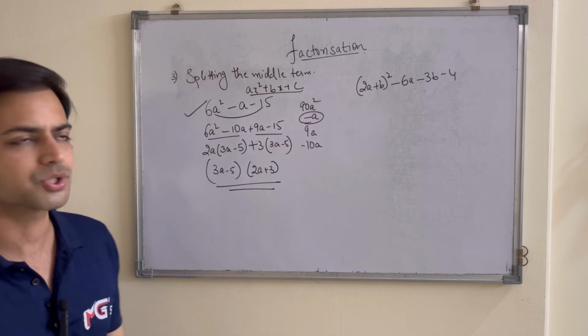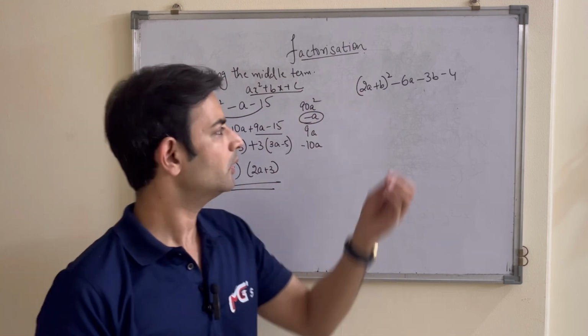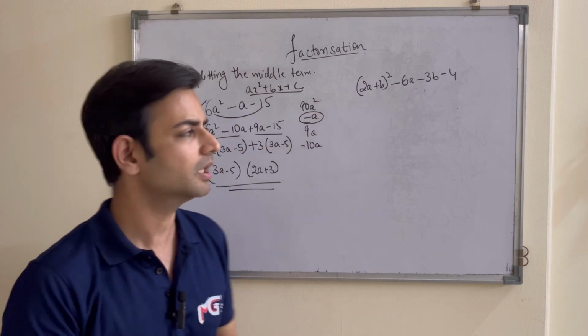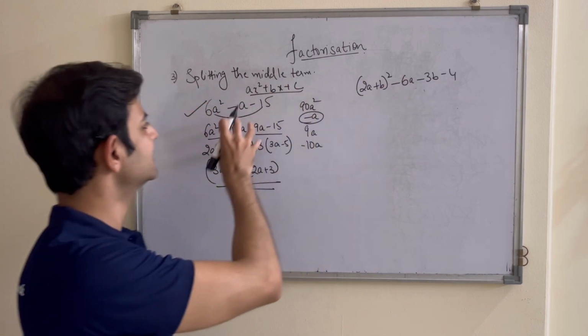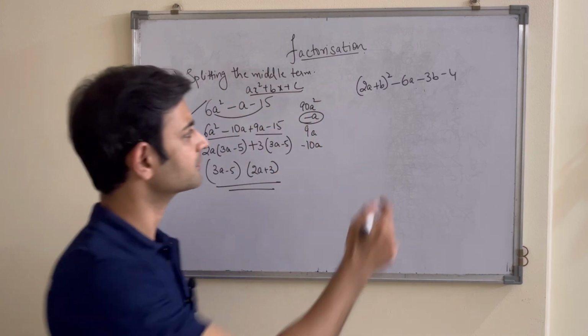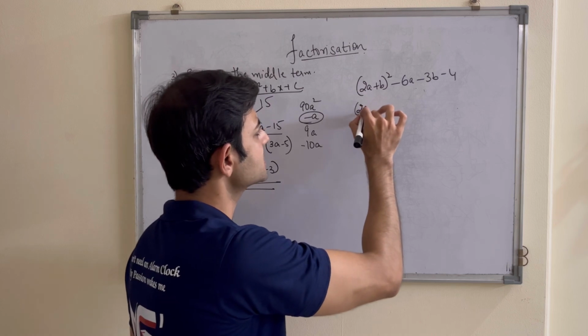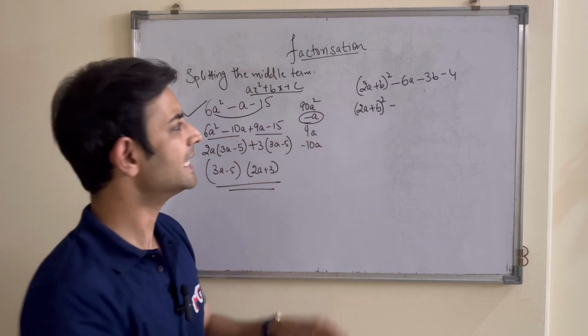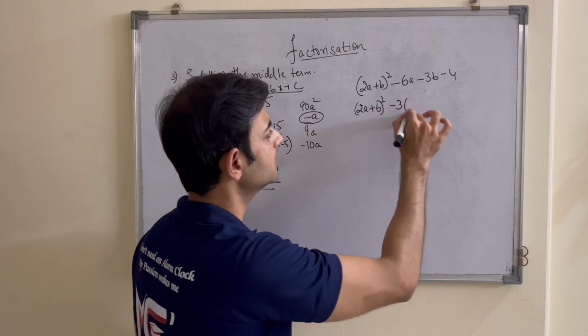Let's take one more question. Here it's a little complicated one where you don't have it straight away like this. You have some twisted form here. So what I will do is try to get this in my regular ax square plus bx plus c form. I can write this as 2a plus b the whole square. From here, I can take minus 3 common.